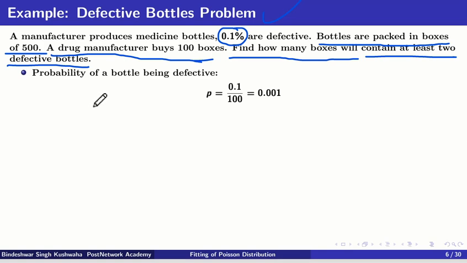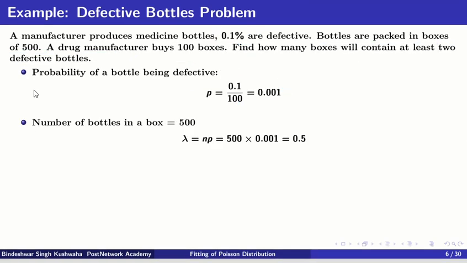So let us understand the probability. The probability of a bottle being defective would be 0.1 upon 100, because it is given in percentage, so we divide by 100 to get the probability. Now the number of bottles, the value of n, is 500.